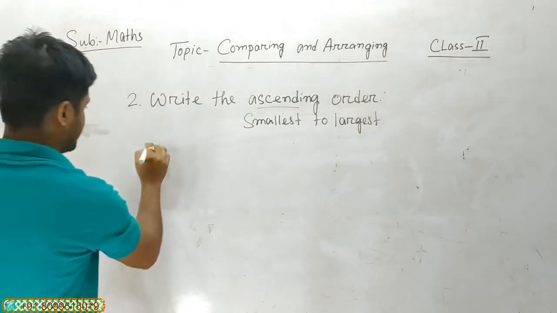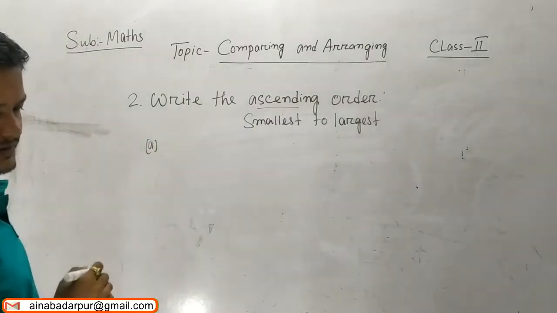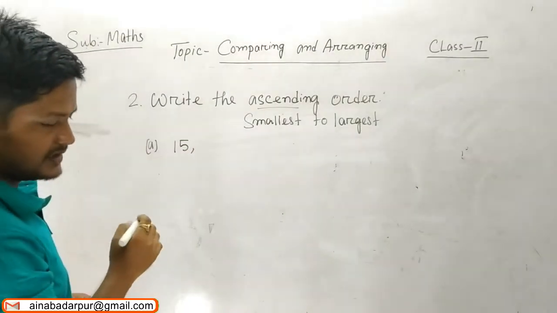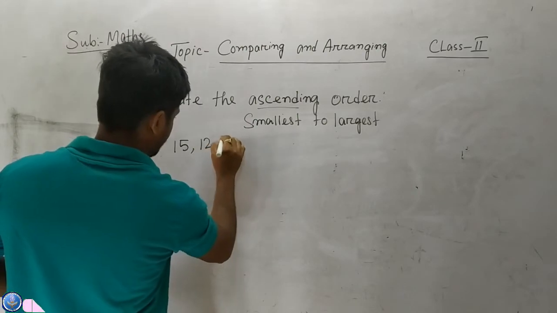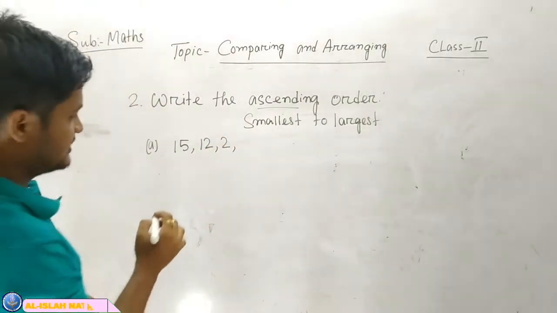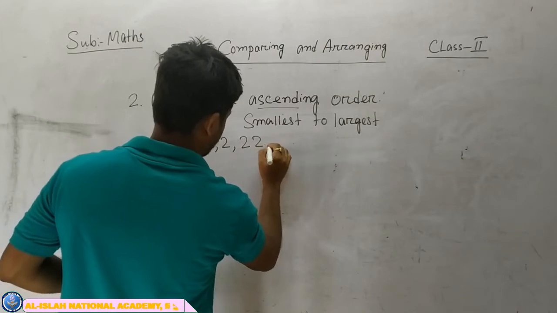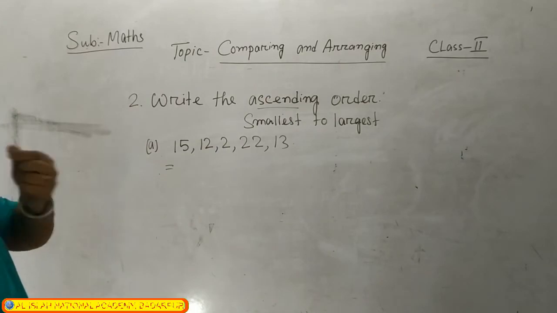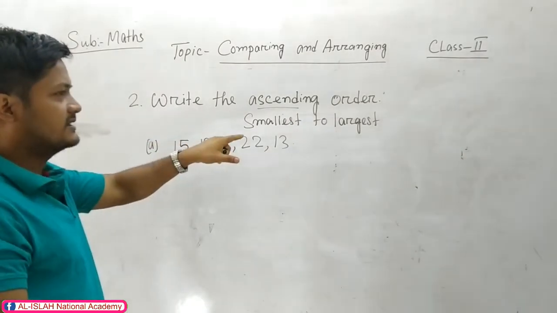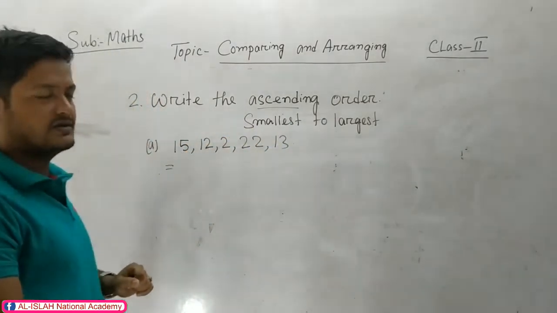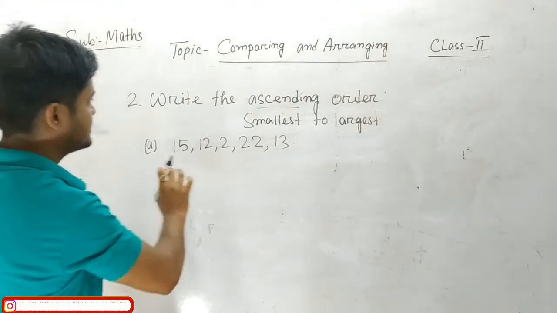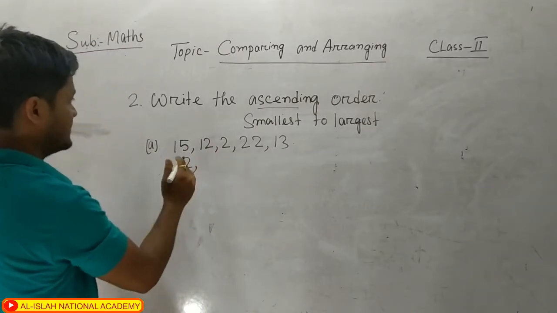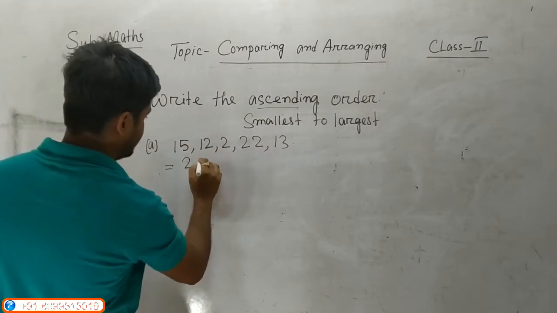Let's take one example: 15, 12, 2, 22, and 13. How to solve? Ascending order means smallest to largest, isn't it? First you find out which number is smallest here. 2, you write 2. Then which number is smallest? 12.